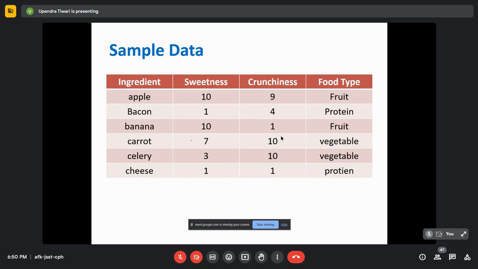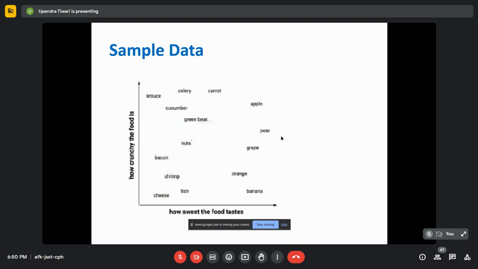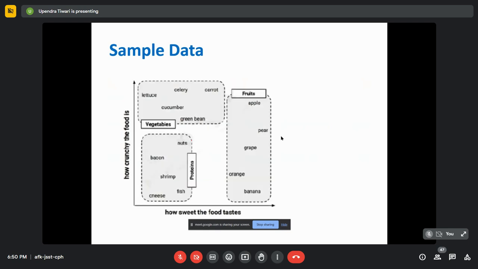It means the food is a fruit. So we plotted it and clustered the data into 3 classes: vegetable, fruits, and protein, because we have these 3 classes.